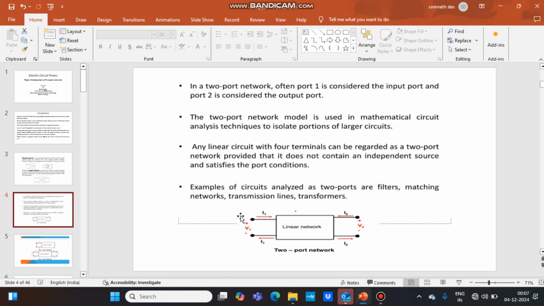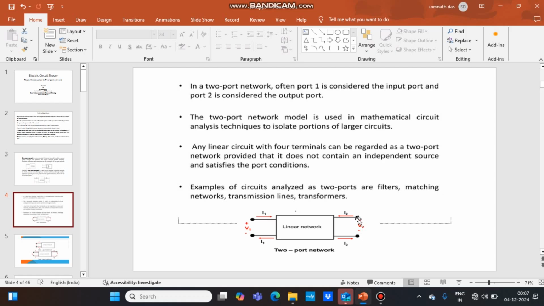Normally the input port is port 1 and the output port is port 2. Port 1 is known as the input port because we are applying the source across these terminals. The source is connected across these terminals to drive the electrical network, and from port 2 we are getting the response.